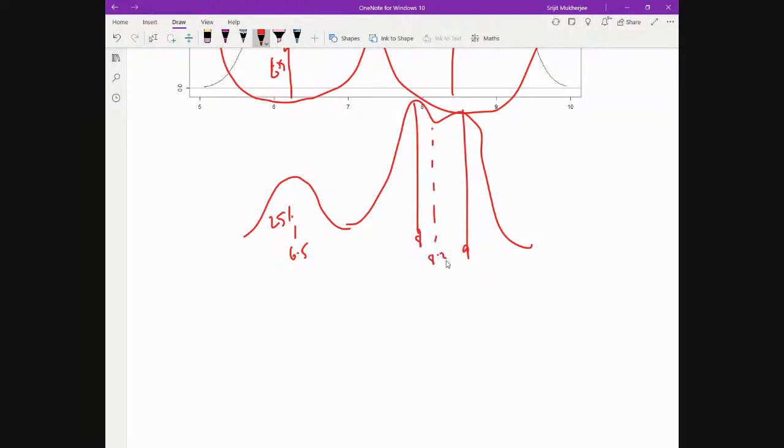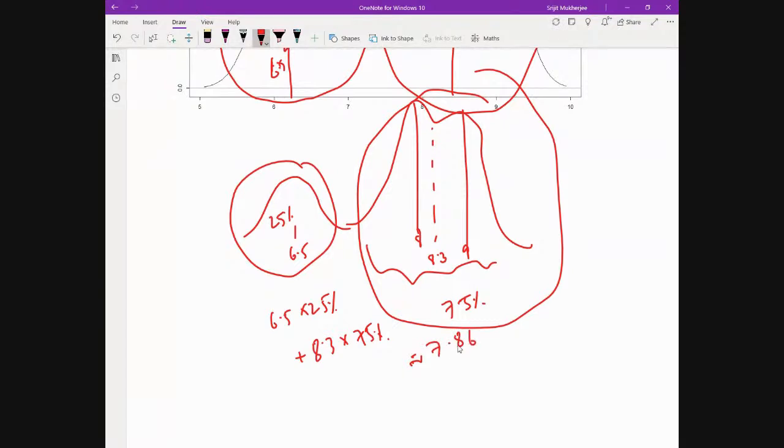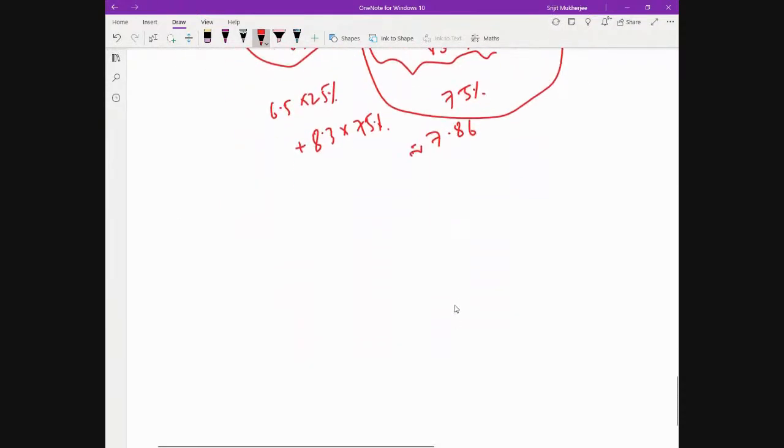It's a vague estimate, I'm just giving you a vague estimate. I took 8.3 for this set of people with 75%, and 6.5 for this with 25%: 6.5 into 25% plus 8.3 into 75%. This came around 7.86, which is around the mean. In fact, I'm doing the mean only. I'm just giving you the logic of why the mean is the correct one, according to me.